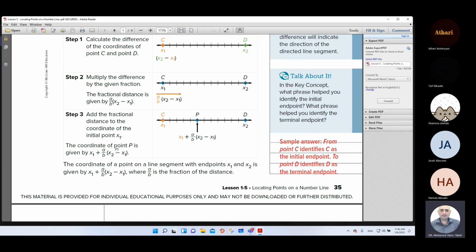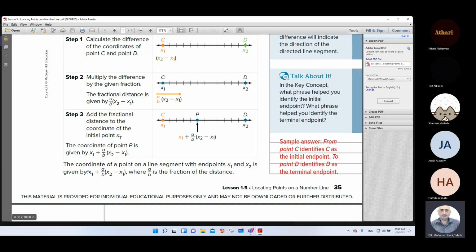So the coordinate of point B is given by x1 plus A over B multiplied by x2 minus x1. This is the rule to determine the point B between C and D.